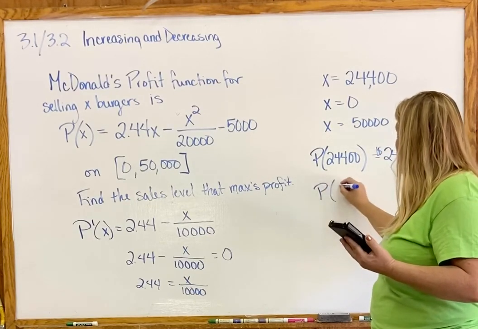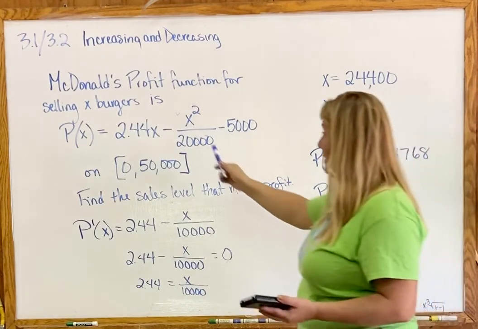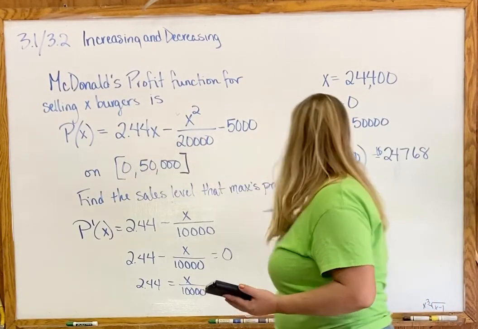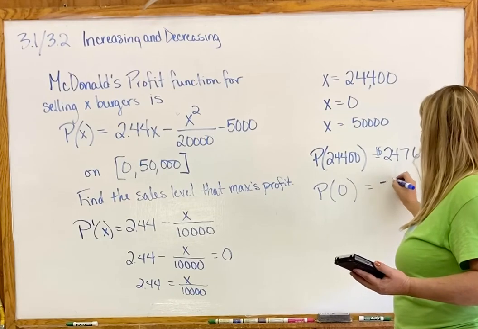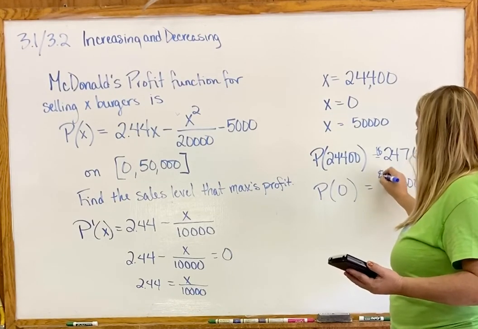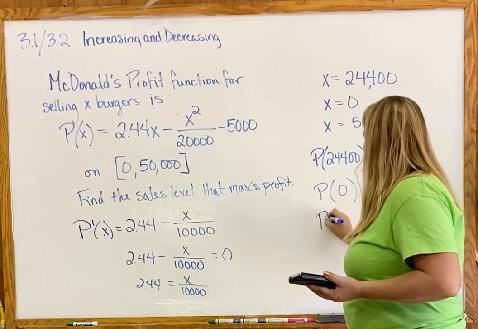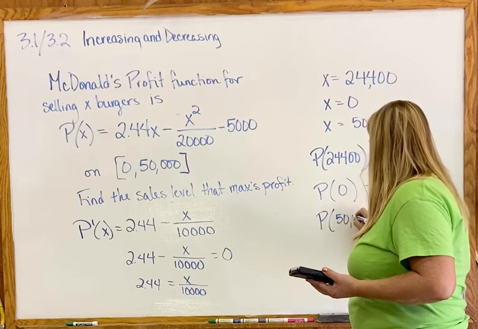Let's say that they were to produce 0. That one's nice because that'll fall out, and it will be equal to negative $5,000. So can we agree that McDonald's should produce more than 0 hamburgers? It's not going to work well, is it? And then the last one would be the 50,000.